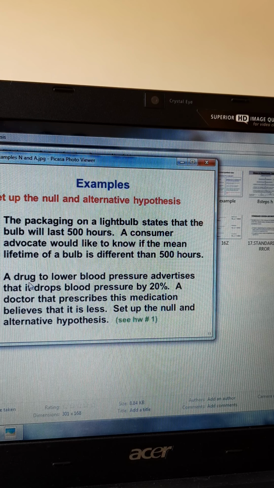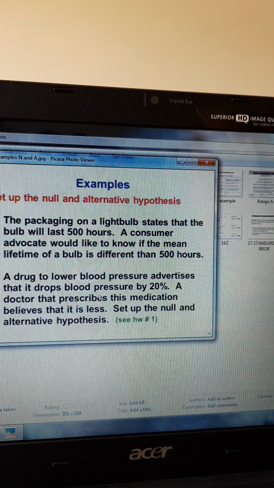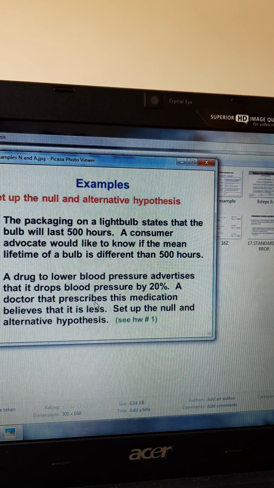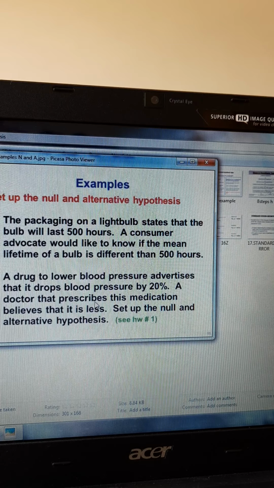Next one, a drug to lower blood pressure advertises that it drops blood pressure by 20%. A doctor prescribes it. So again, what will be the null hypothesis? There is no significant difference between consumption of the drug and blood pressure level. What is the alternate hypothesis?